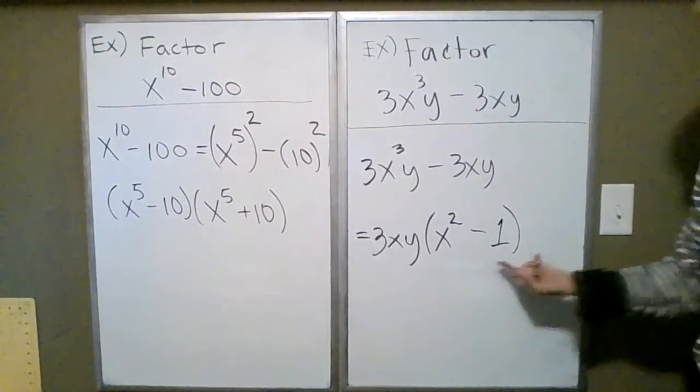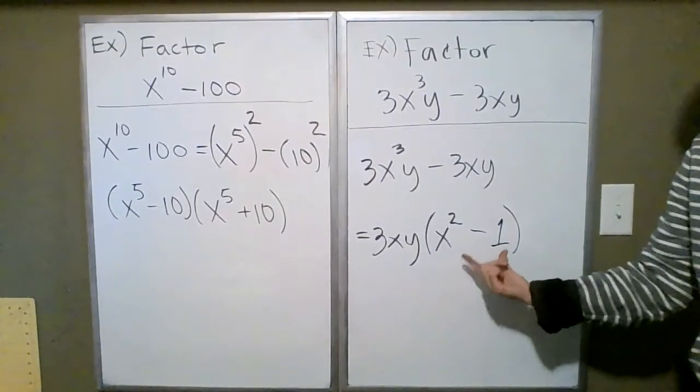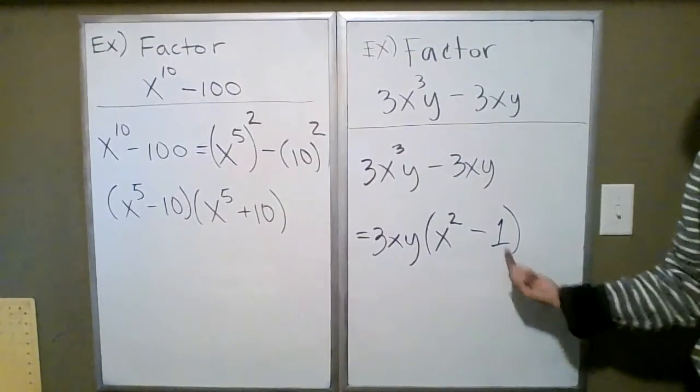Okay, and then what's in the parentheses can be written as a difference of squares. We've got x squared minus 1 squared.